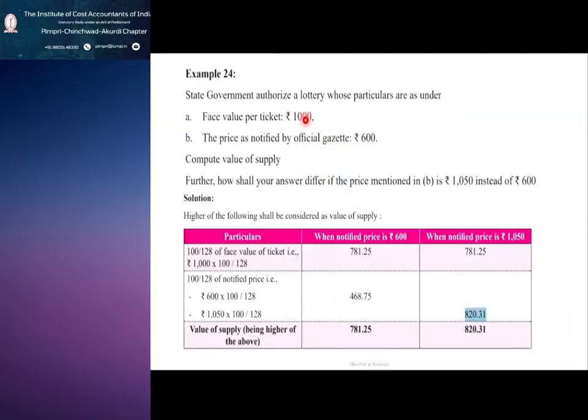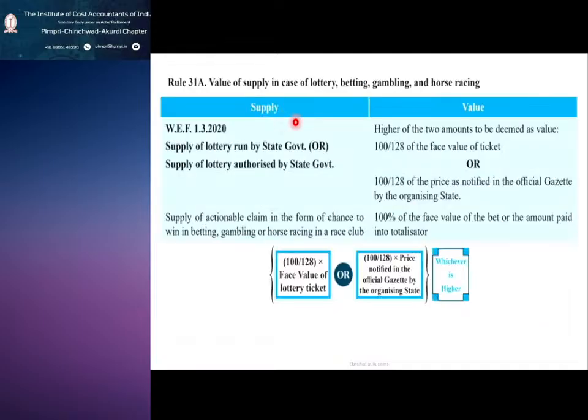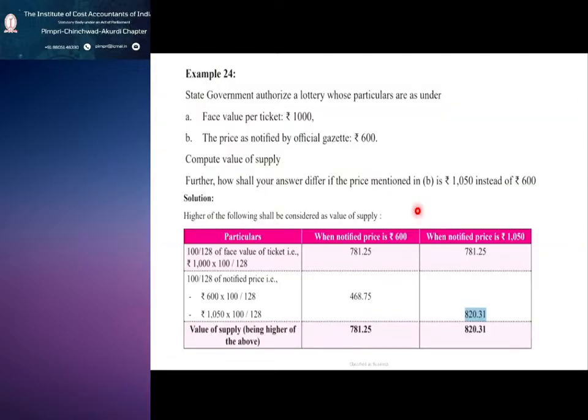Here 1000 is the face value per ticket, so we take 1000 and not the other one. So 1000 or 600, whichever is higher. In the other case, 1050 into 100 divided by 128. The value of supply is the higher of the above, and that is what we consider here.